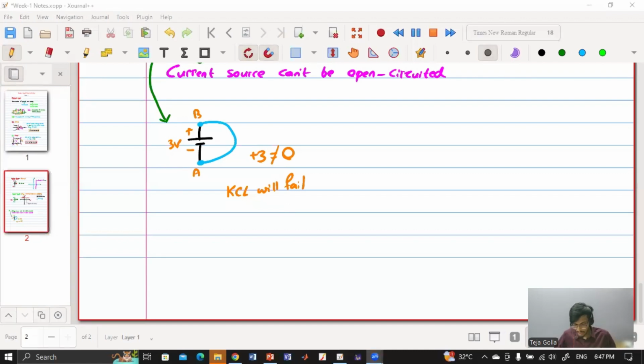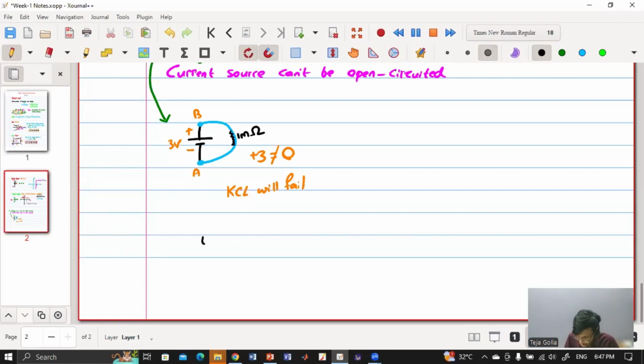If a voltage source is short circuited, what will happen? First of all, you cannot connect a voltage source in a short circuit theoretically, but practically, if you connect a voltage source in a short circuit fashion, a huge amount of current will flow. Why? Because you are connecting through a wire, which has very slight resistance, say 1 milliohm.